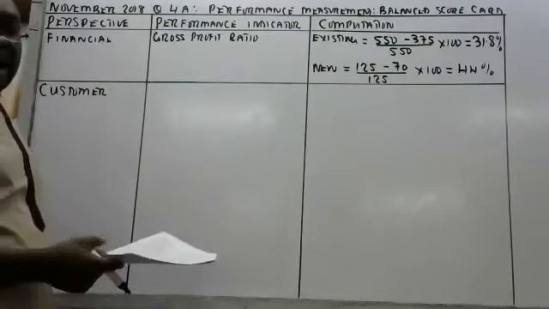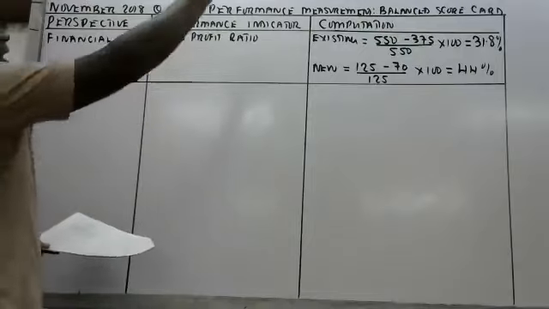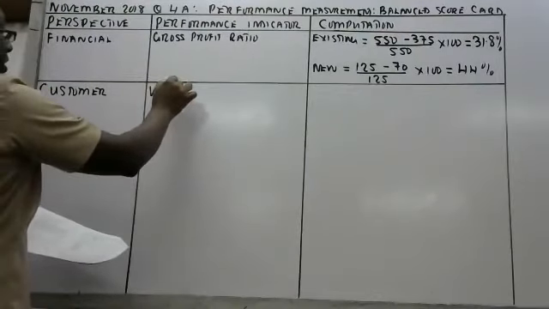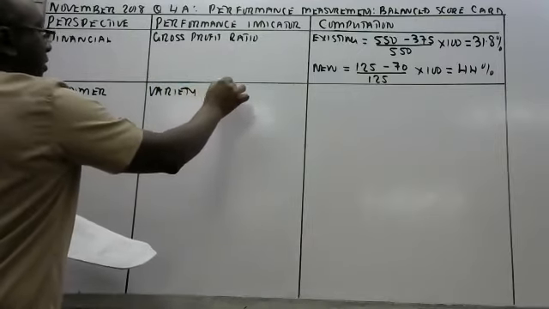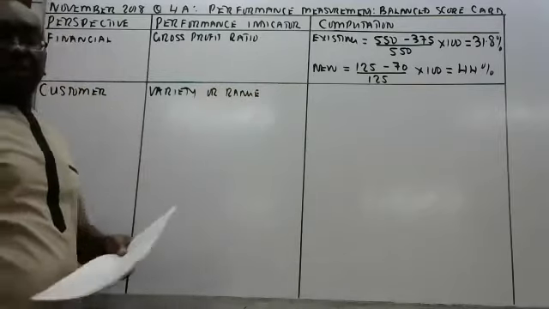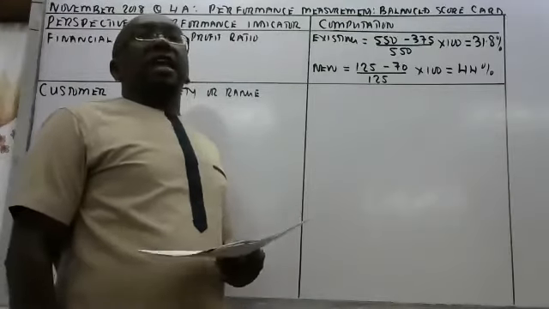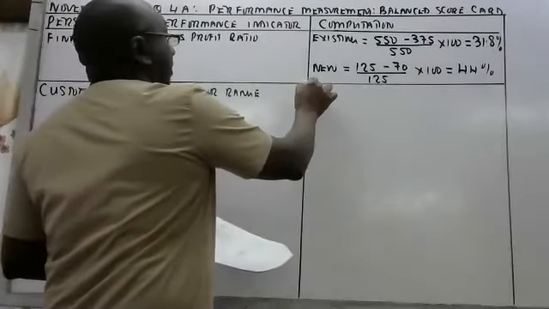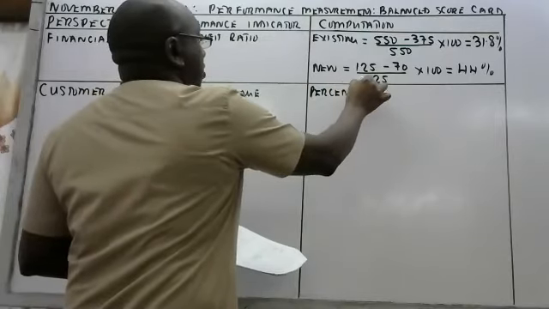To the customer here, the only thing that we can measure is the variety, or the range of the products. So how do we compute the range? The range will be percentage of new sales.